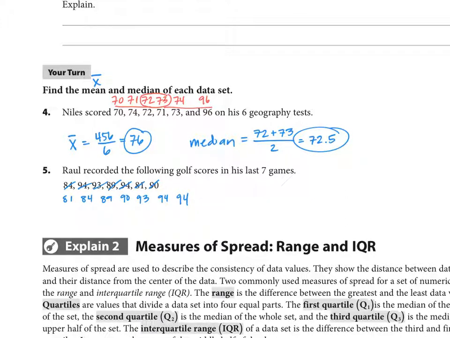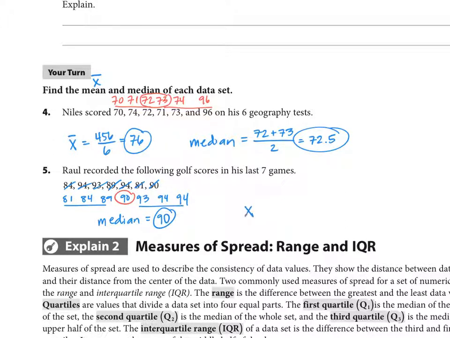Okay, so I can count those, make sure I got 7 of them. These are the golf scores in Raul's last 7 games. So I do have a middle number in here. I got 90 is my middle number because I got 3 on this side, 3 on this side. So I know that my median is 90.